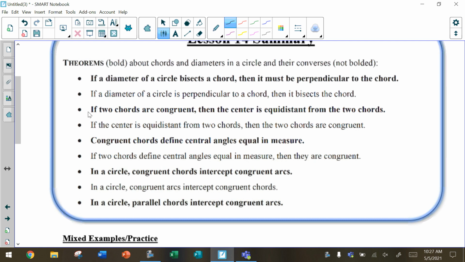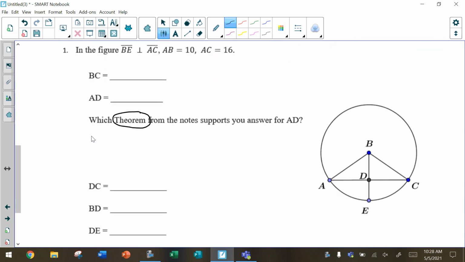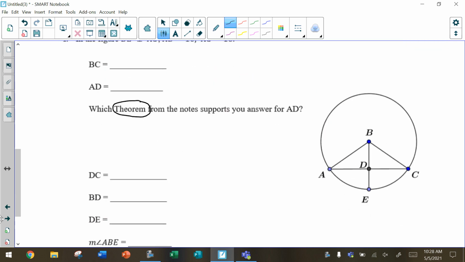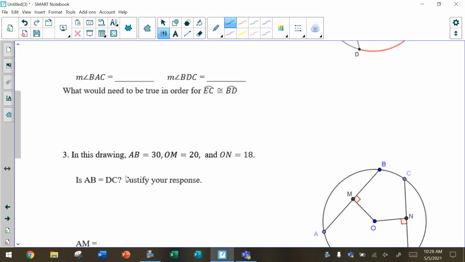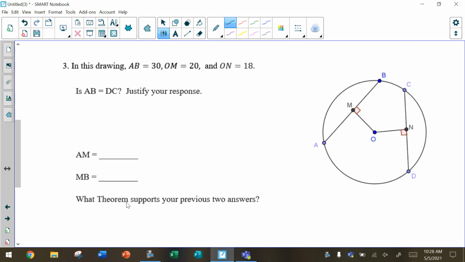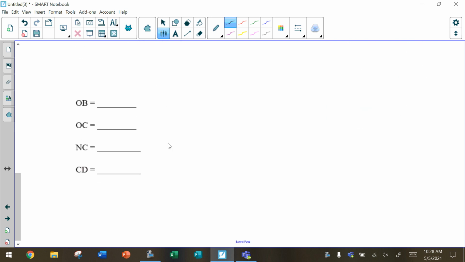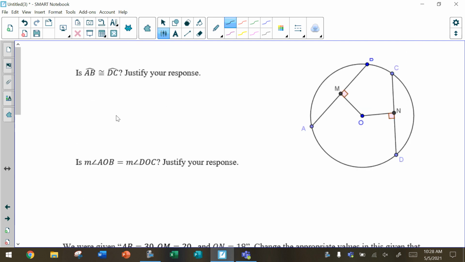This is why I separated this into two days, so you have plenty of time to write out these properties in full. You're going to see there's a lot of these. Identify which theorem or property, justify your response. Anytime it says that, you're going to fill that in.